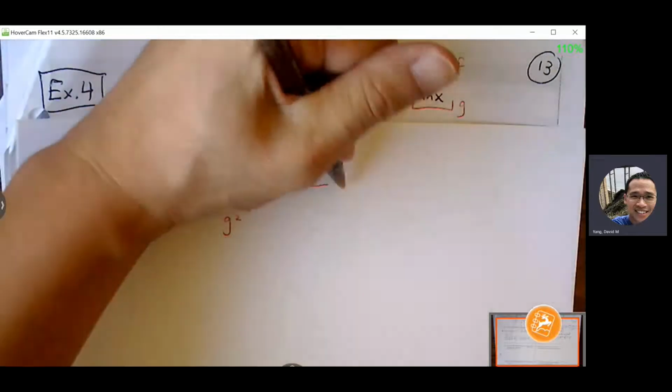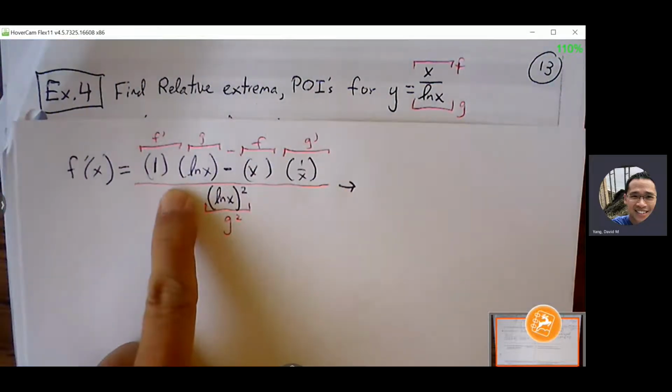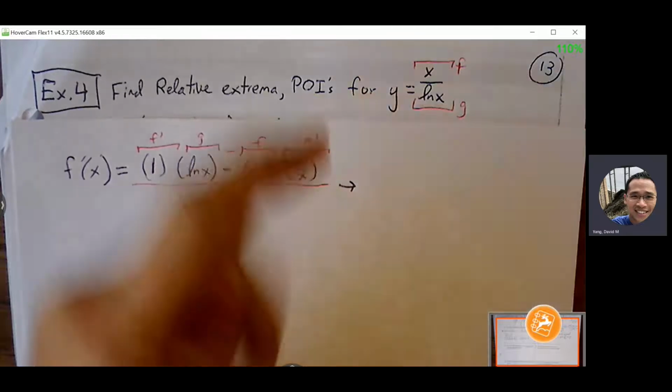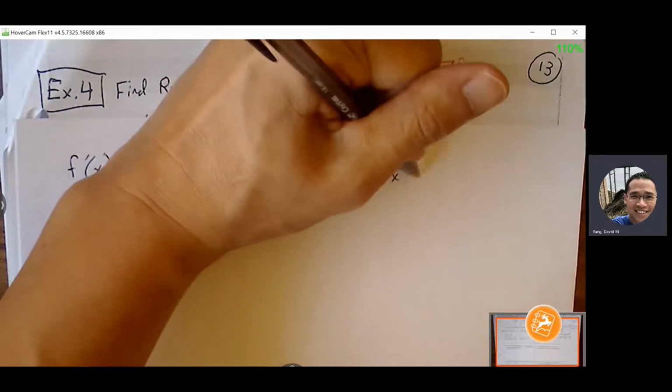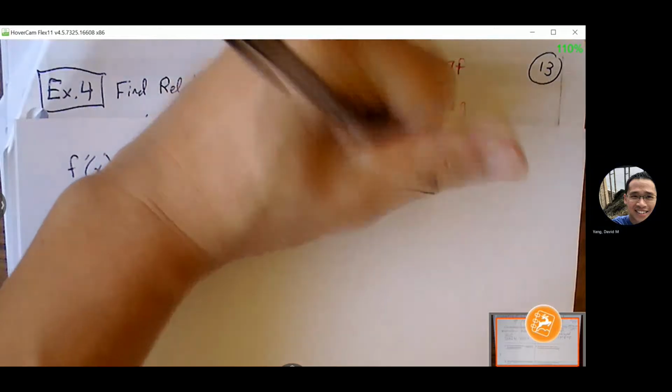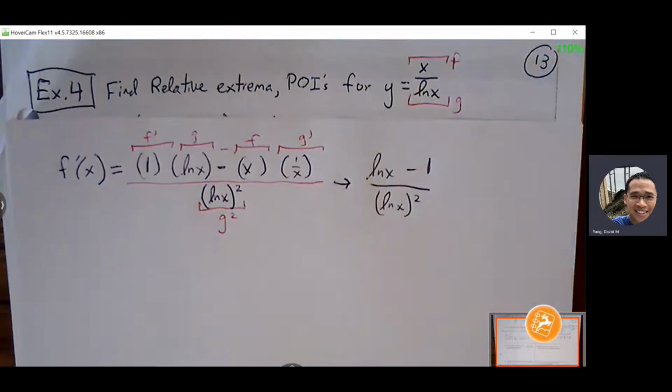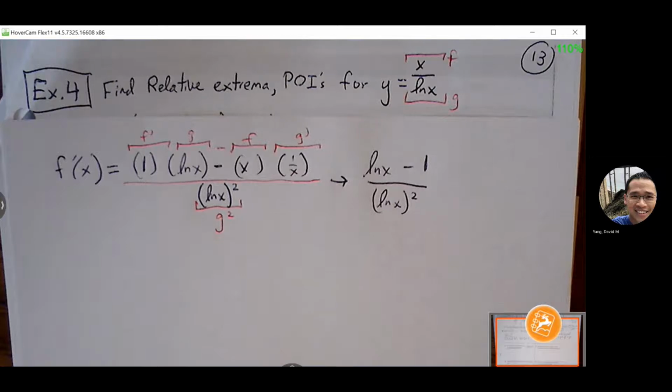Okay, let's do a little bit of cleanup. Natural log of x minus, you see that x over x can reduce to 1, so it's natural log of x minus 1 all over natural log of x squared. Okay. There's our f prime. From f prime, we're going to find critical points.